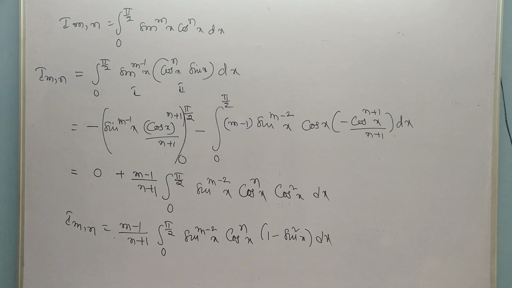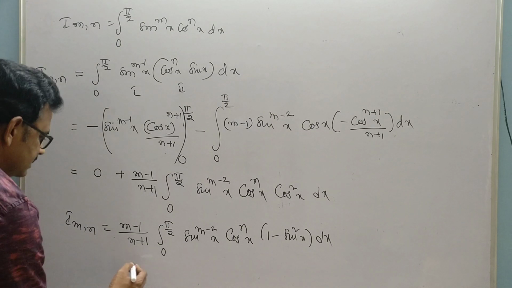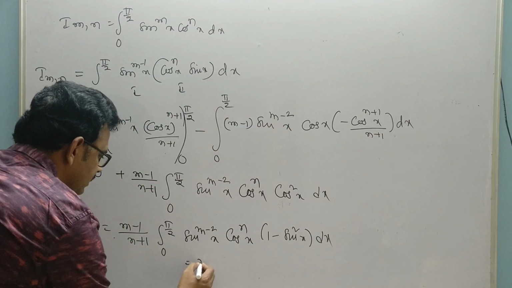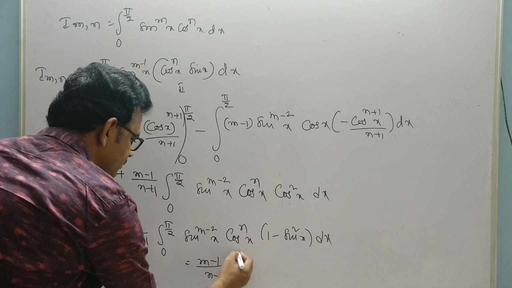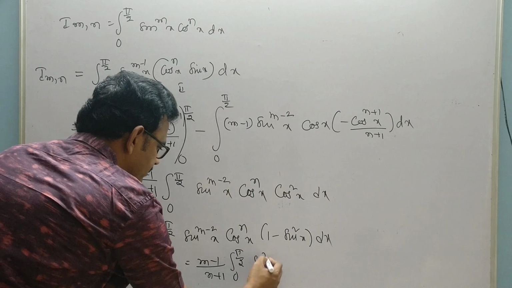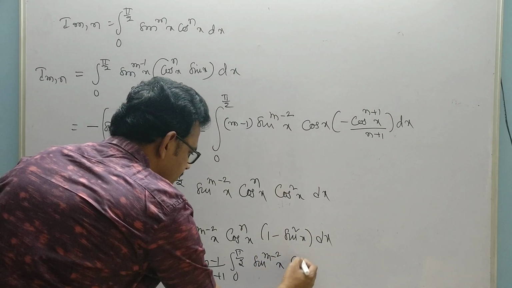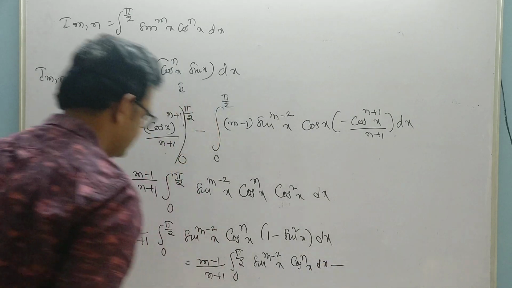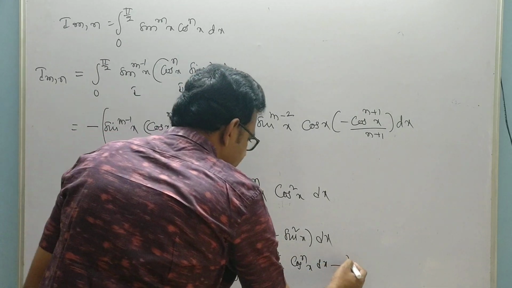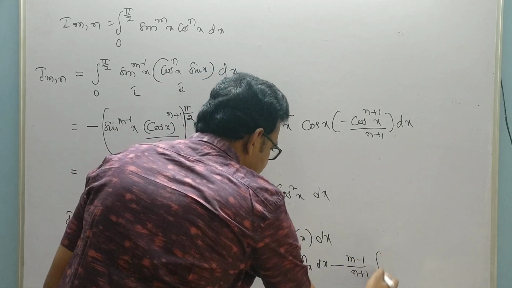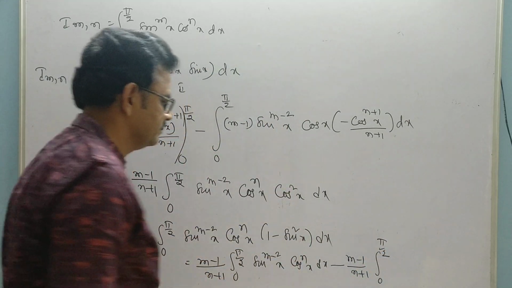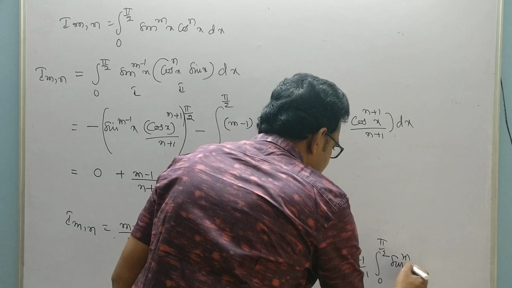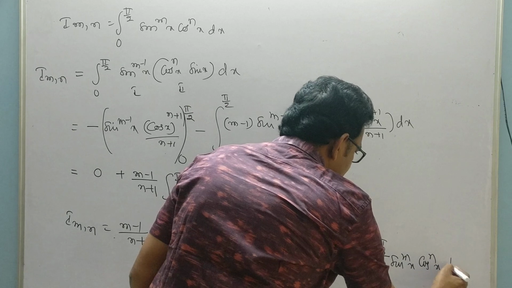Multiplying, this is m minus 1 by n plus 1 integral 0 to pi by 2 of sin^(m-2)x cos^n x dx minus m minus 1 by n plus 1 integral 0 to pi by 2 of sin^m x cos^n x dx.